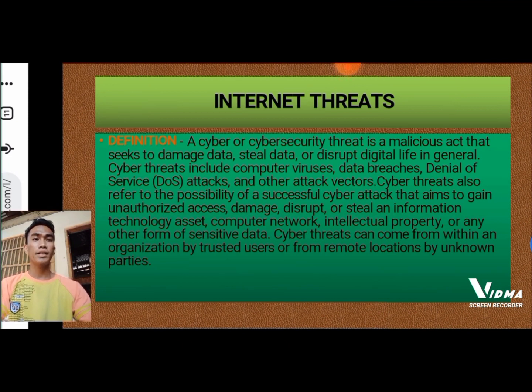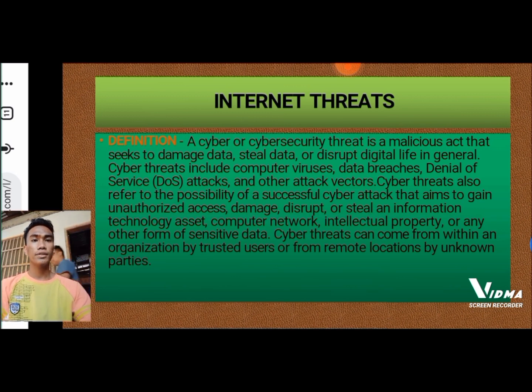Definition: a cyber or cybersecurity threat is a malicious act that seeks to damage data, steal data, or disrupt digital life in general. Cyber threats include computer viruses, data breaches, denial of service or DOS attacks, and other attack vectors.